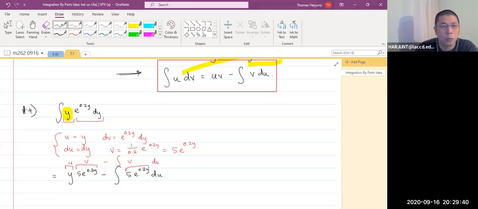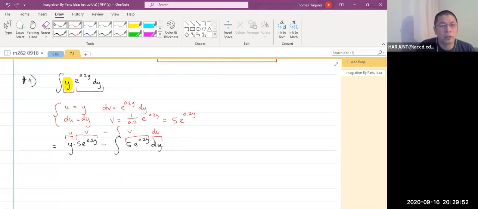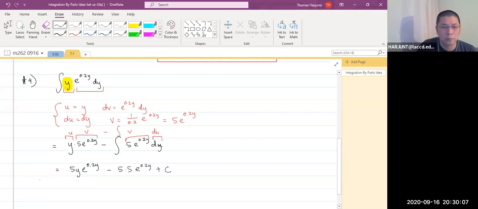I think this should be y. Now from there it is just going further. This is 5y e to the 0.2 y minus 5 times 5 e to the 0.2 y plus a constant.